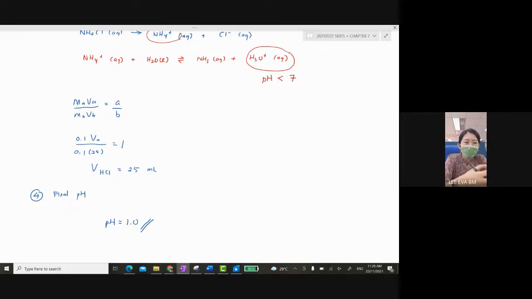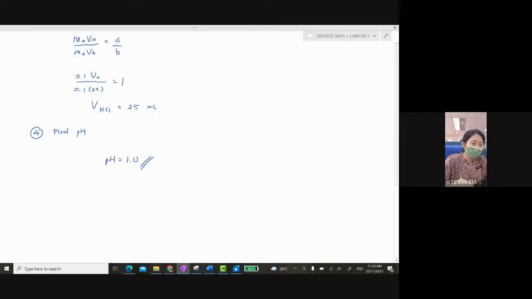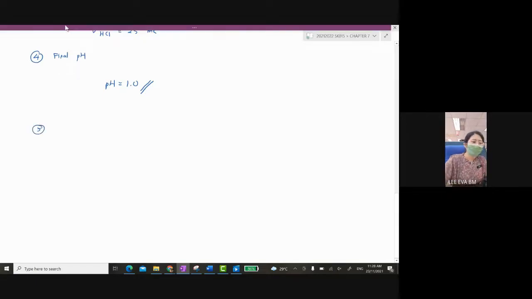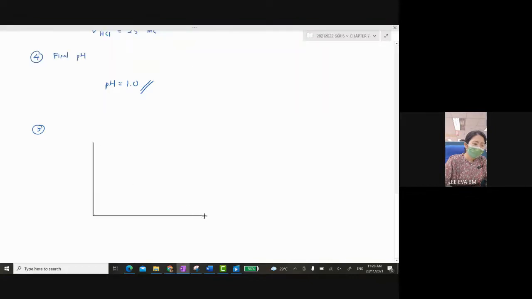So gather everything, we need to plot your titration curve. All right, pH. Again, what is the x-axis? Volume of? What should I write over here? HCl.